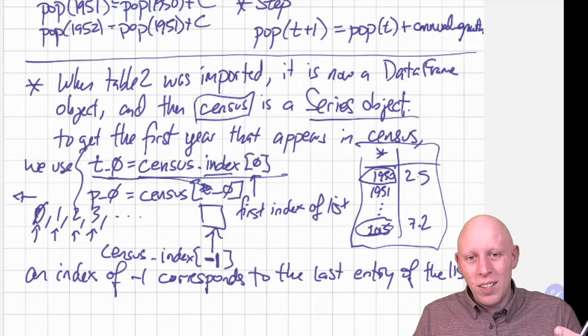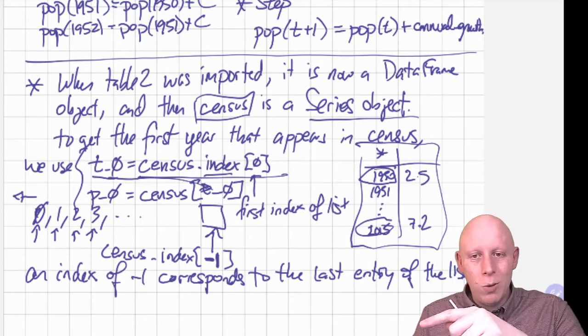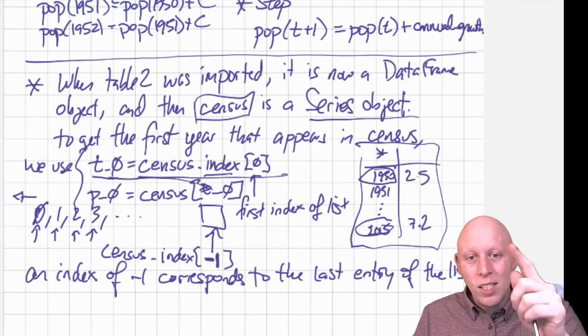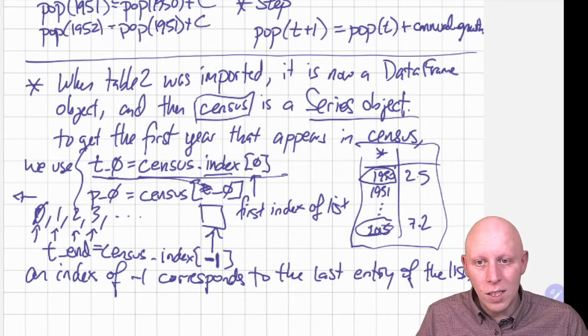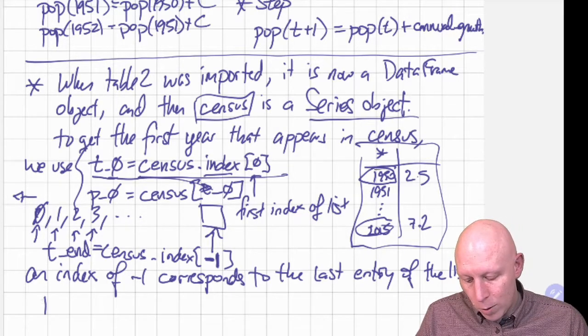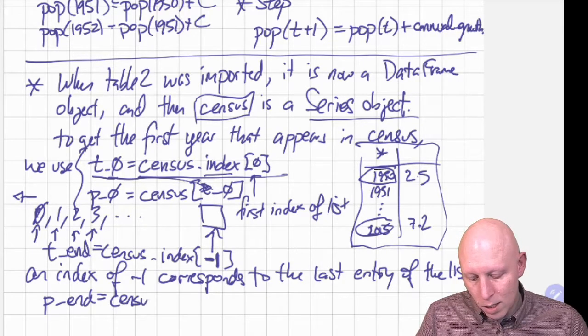So we could talk about -1, -2, -3, and that would be either the last or the second to last or the third to last entry of the list. All right, and so this is going to be our end time. T_end is going to be census.index[-1]. And similarly, we can calculate P_end to be equal to census[T_end].